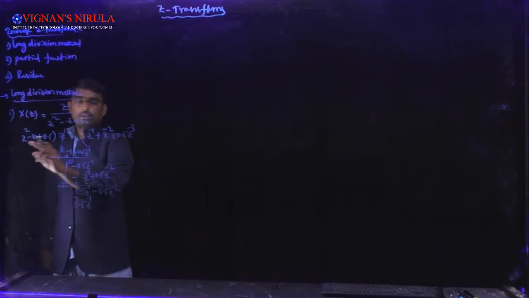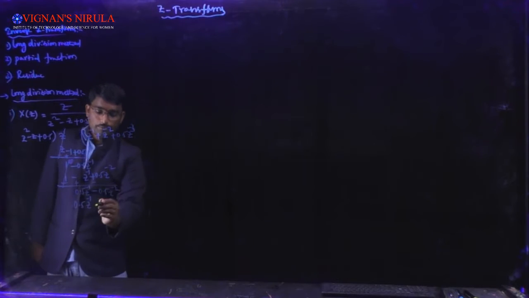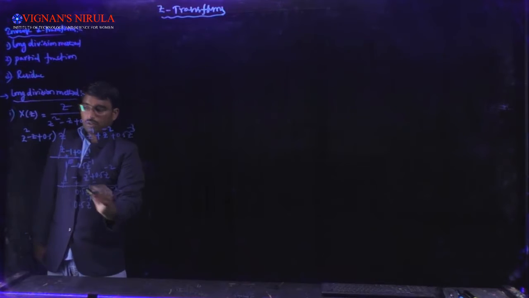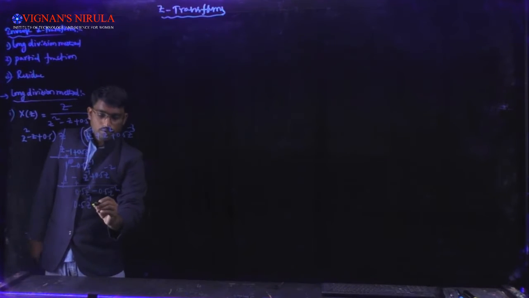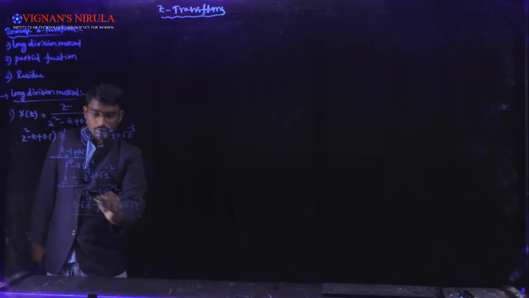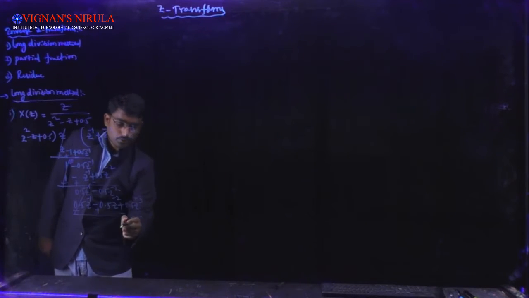Now multiplying this term with the total part: minus z into this becomes minus 0.5 into z power minus 2, plus 0.5 into z power minus 3. Next, minus plus minus. Now 0.5 into z power minus 2 minus 0.5 into z power minus 2 becomes 0. Now this becomes minus 0.5 into z power minus 3.